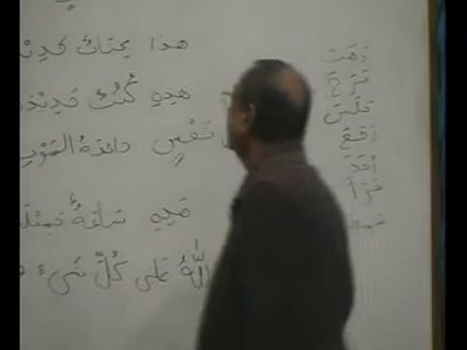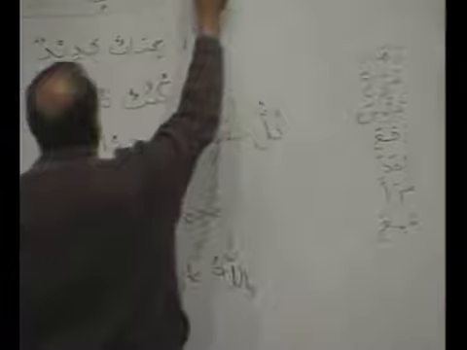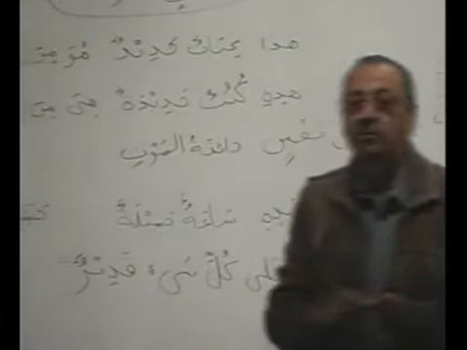Okay, brother and sister? So my point to you is this, brother. You will always remember this thing. Kullu jama'in mu'annasun. I will be repeating it from now onwards. Okay, analyze this sentence. Brother Abdul Samad, analyze it.